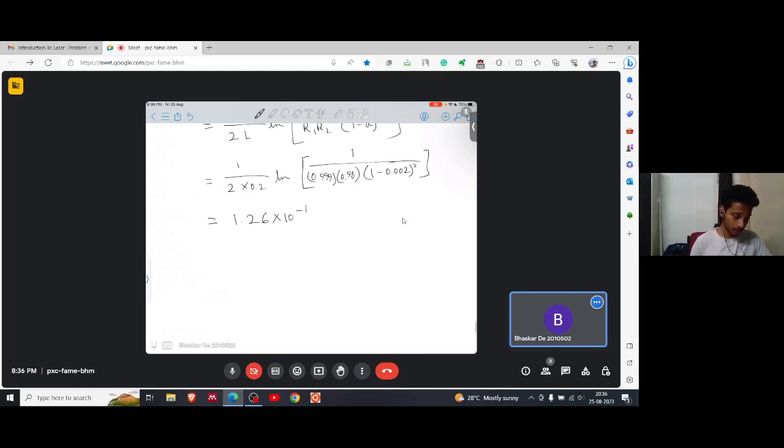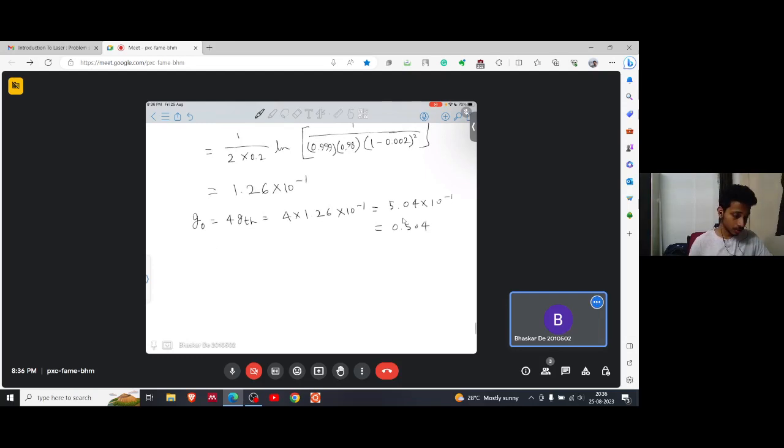So the gain G0 equal to 4 GTH is 4 into 1.26 into 10 to the minus 1, which is 5.04 into 10 to the minus 1, basically 0.504. Now I by I0 equal to e to the power G0 L, e to the power 0.504 into 0.2, which is 1.106.